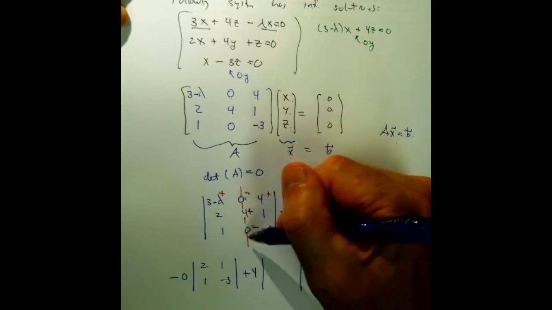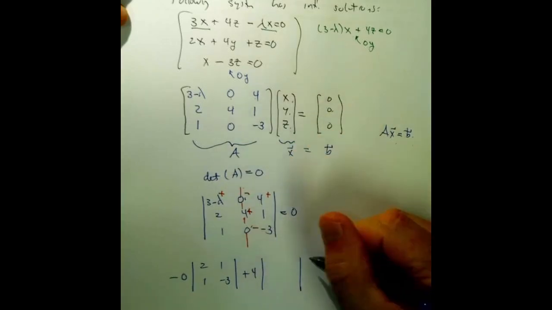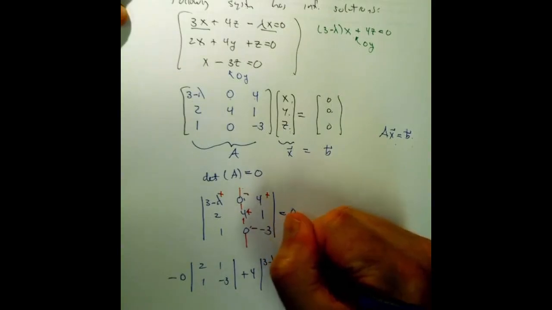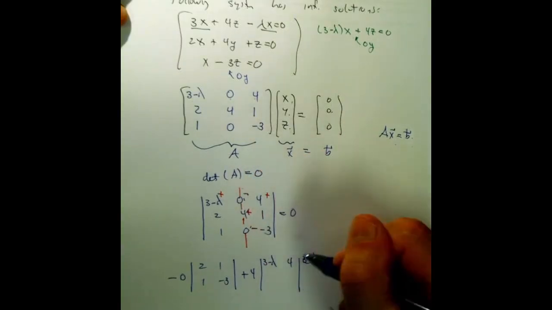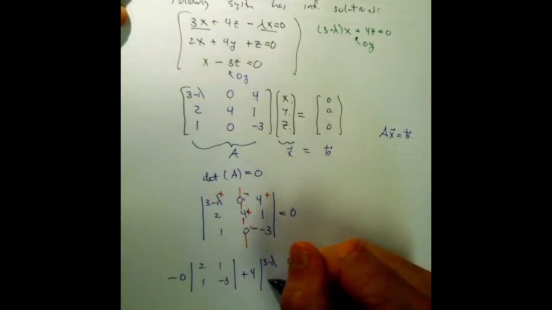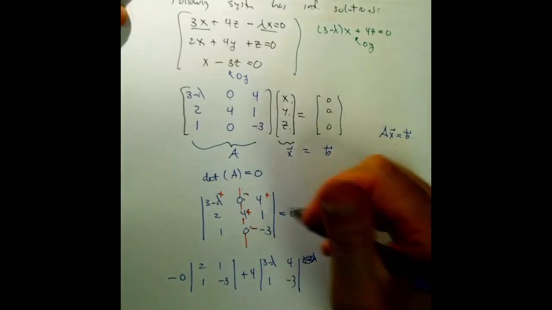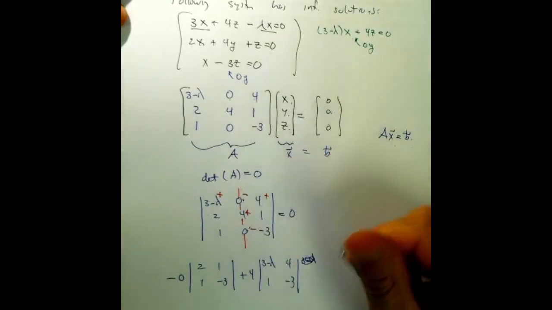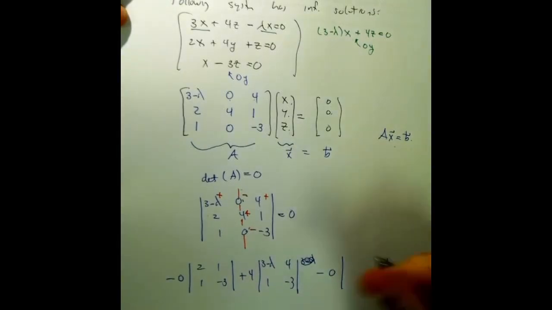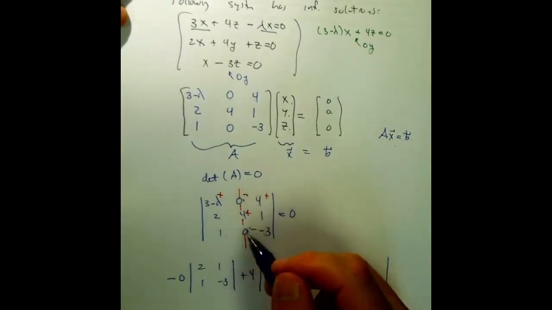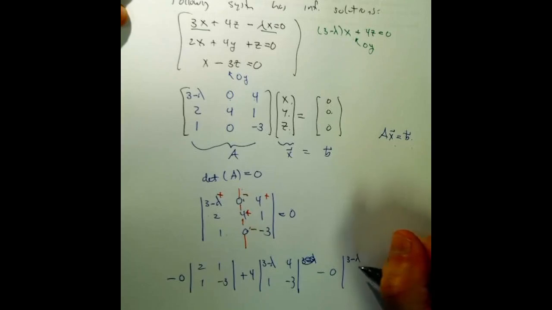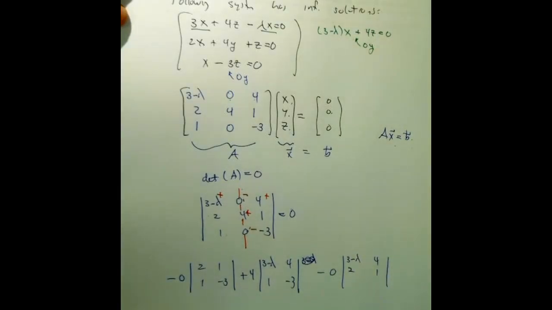If I remove the middle column and the middle row, this becomes 3 minus lambda, 4, 1, minus 3. And then for that term, so minus, plus, minus 0, and I get rid of the bottom row and the middle column, get 3 minus lambda, 2, 4, 1.